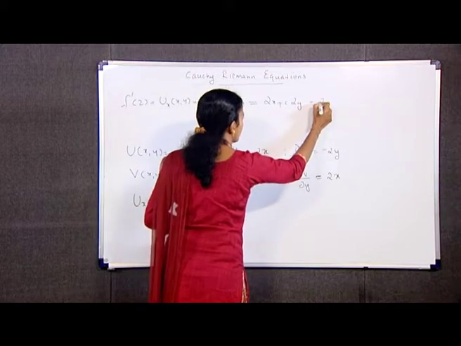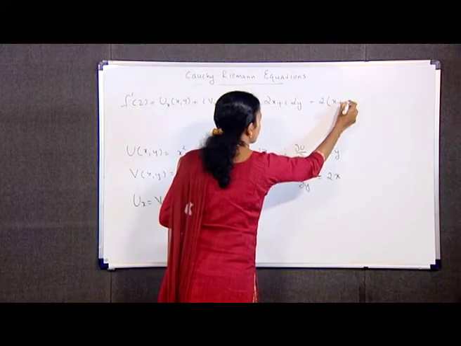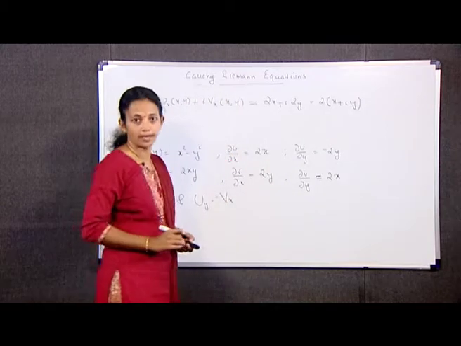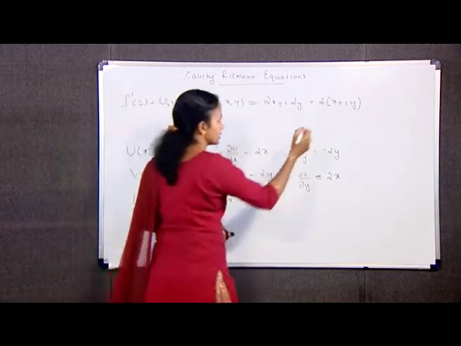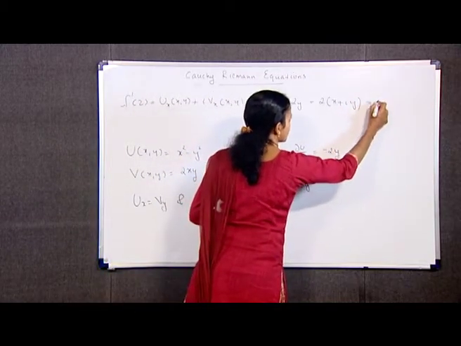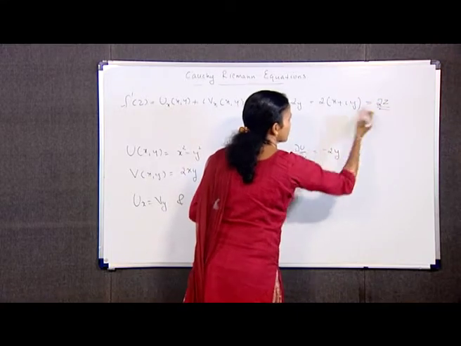Taking 2 outside, we can write 2(x + iy), and we know x + iy is z. So, it is 2z.